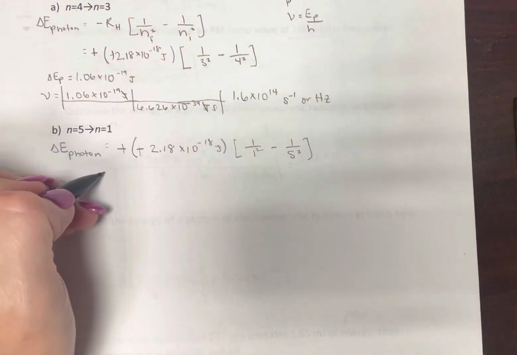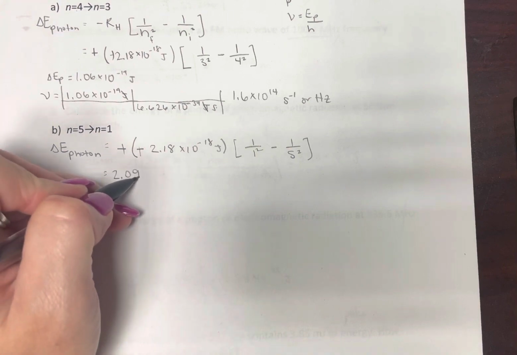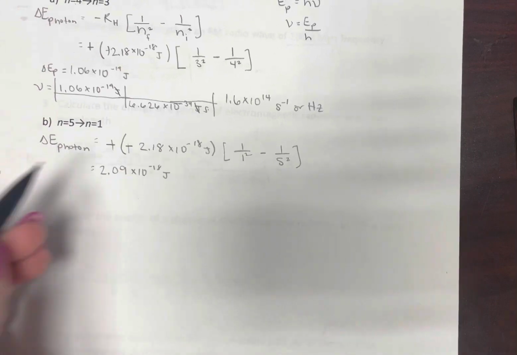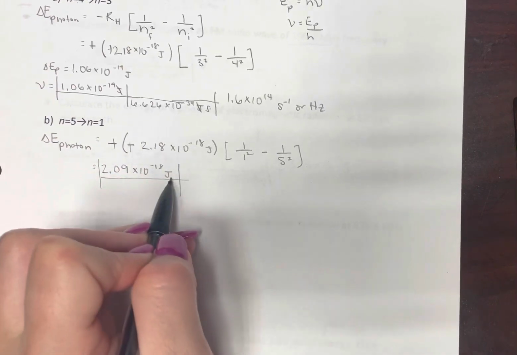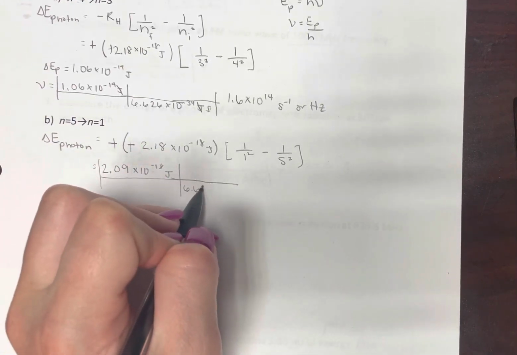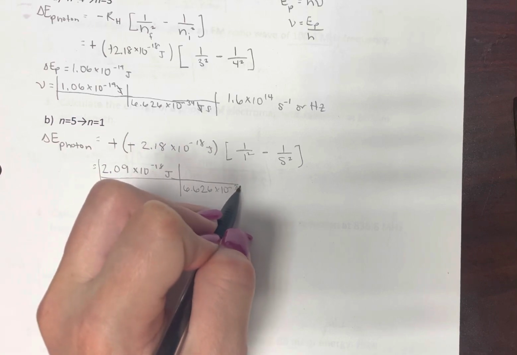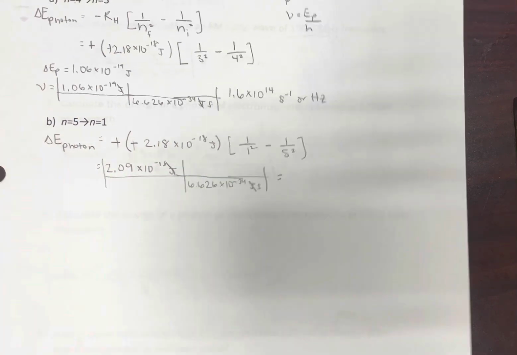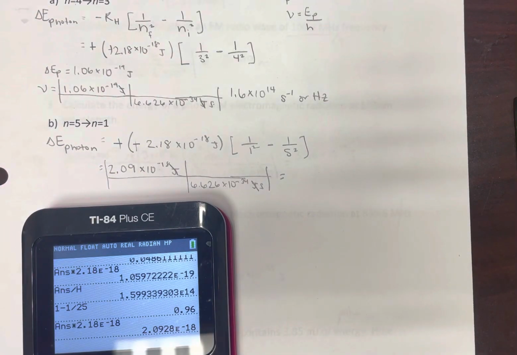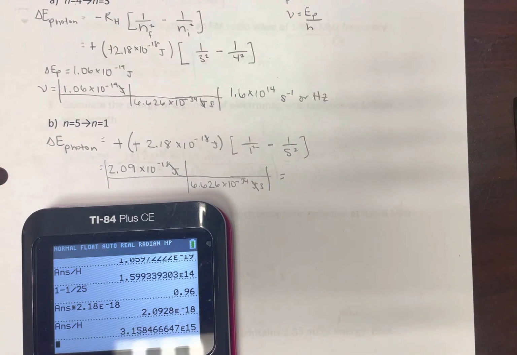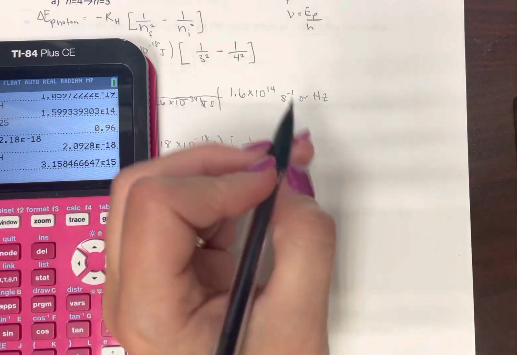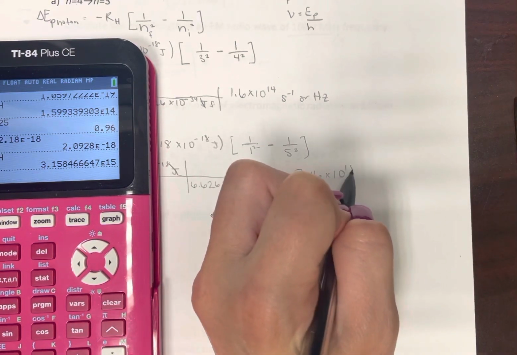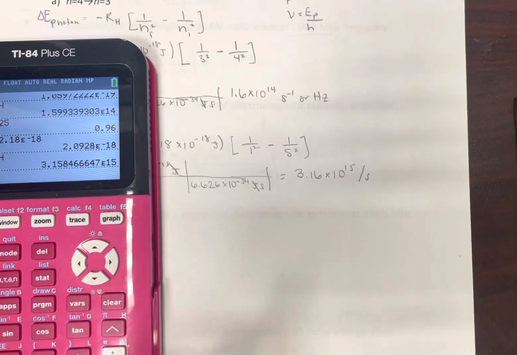So that gives me 2.09 times 10 to the negative 18th joules. And now let's just divide that by Planck's constant to get our frequency. So higher frequency here: 3.16 times 10 to the 15th, and I'm just going to leave that as per second.